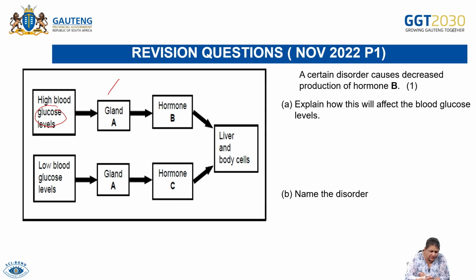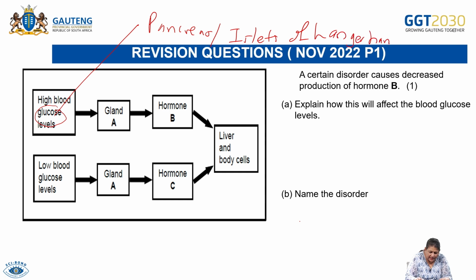High levels of glucose. Here, you're going to say pancreas. That's the gland. Or you could say it is the islets of Langerhans. So high levels of glucose in the blood stimulates the pancreas or the islets of Langerhans.